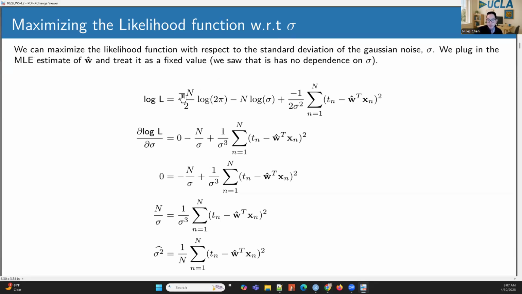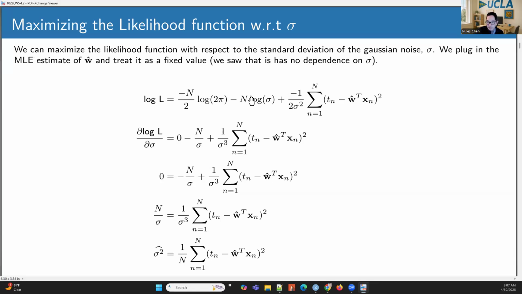I'm going to start off with the same log likelihood function, and we're going to take the derivative of this with respect to sigma. There's no sigma term here, so this zeroes out.